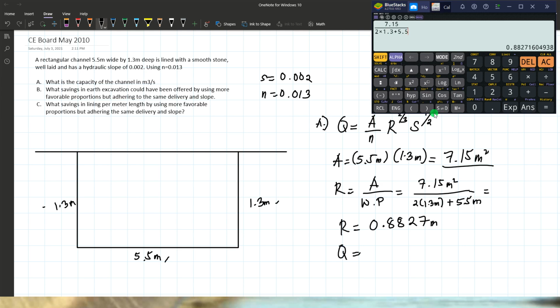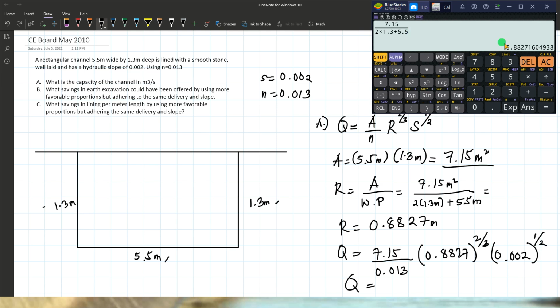We can now solve the flow rate. We have an area of 7.15 to be divided by 0.013, the N, times the hydraulic radius 0.8827 raised to 2/3, times the slope, which is 0.002 raised to 1/2.